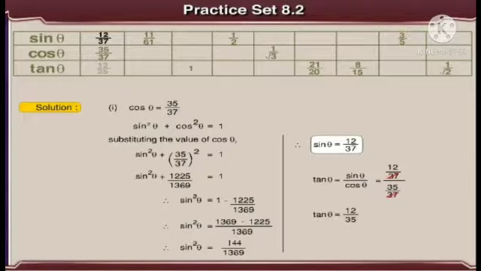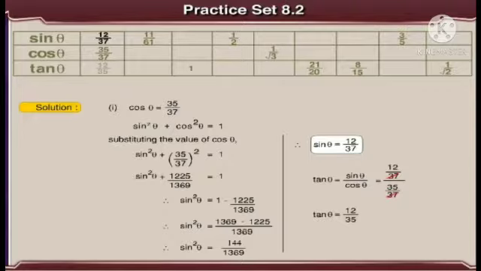Therefore, sin square theta plus (35 upon 37) whole square is equal to 1. Therefore, sin square theta plus 1225 divided by 1369 is equal to 1.